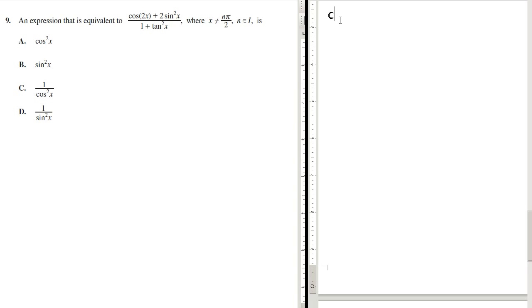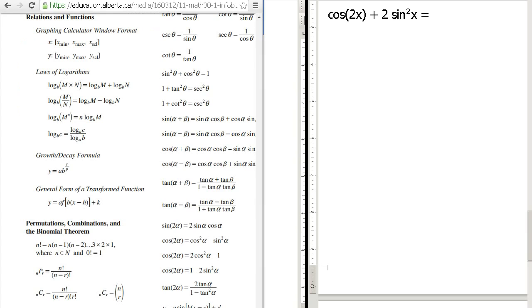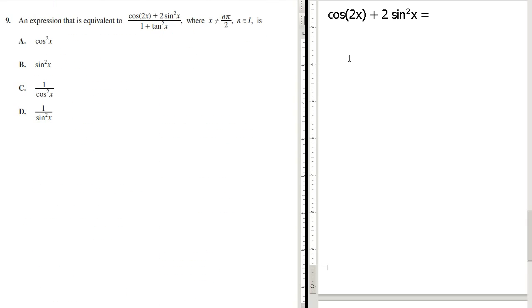So let's start here. Cos 2x plus 2 sine squared x. What are we going to do to it? The cos 2x is equal to cos squared x minus sine squared x.